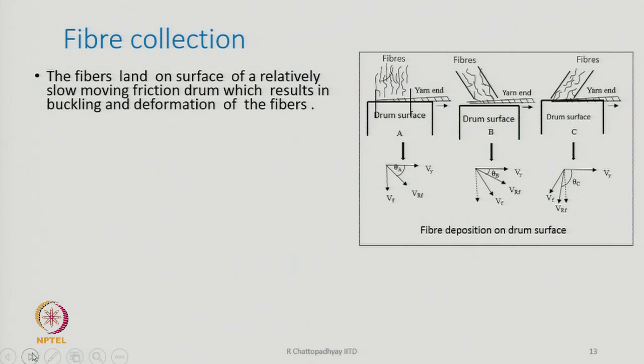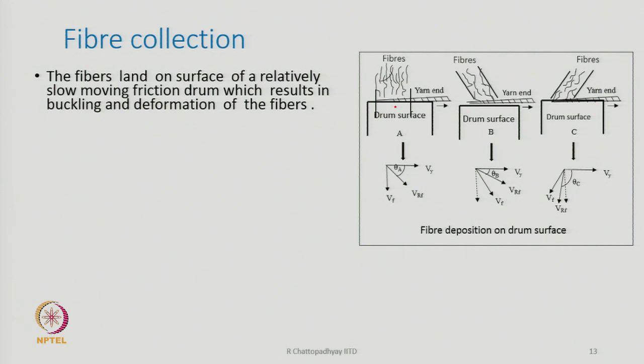We have to allow the fibers to form a bundle, and then this bundle has to be twisted. So, in order to make sure that a layer of fibers gets formed on the surface of the drum, the drum speed is slow in comparison to the incoming speed of the fibers.